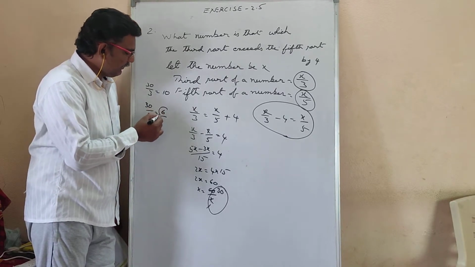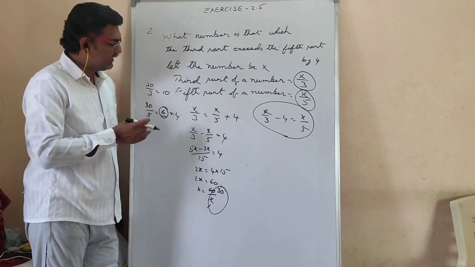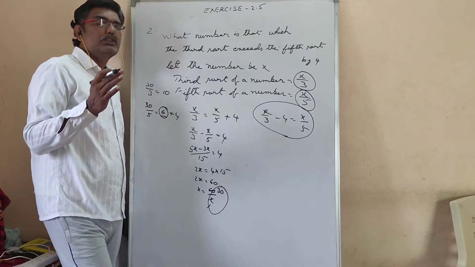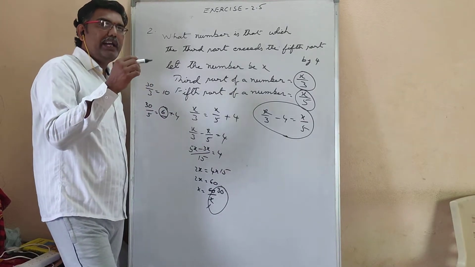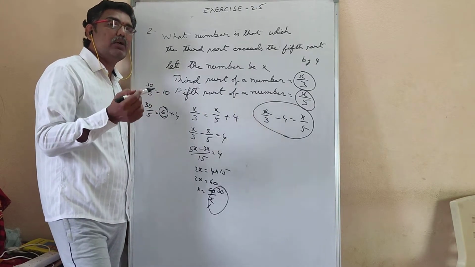So, for the fifth part, if you add 4, you have to get the third part. 6 plus 4 is 10, or not? So, our answer is correct. While you are writing the examination, you can check whether your answer is correct or not, like this.